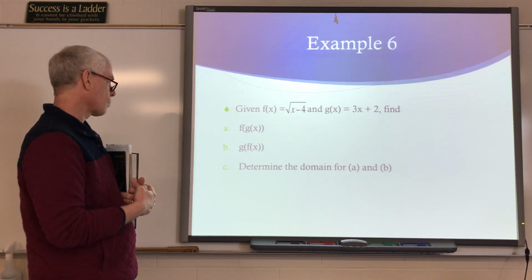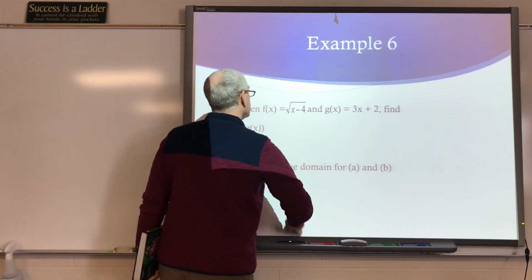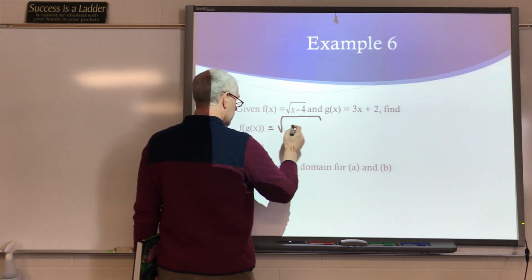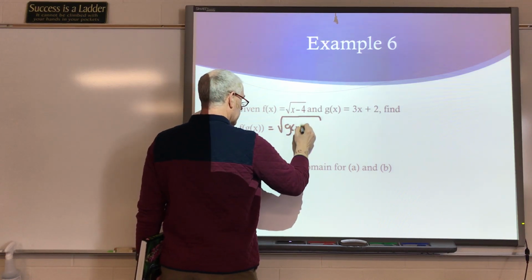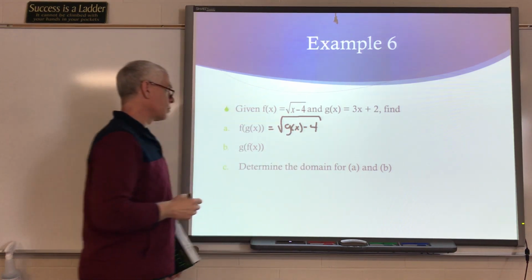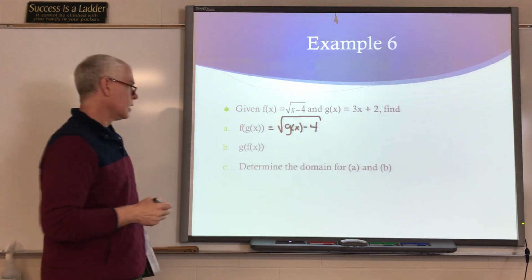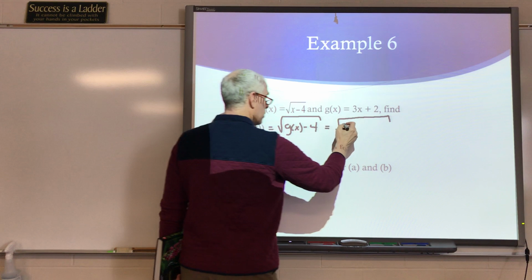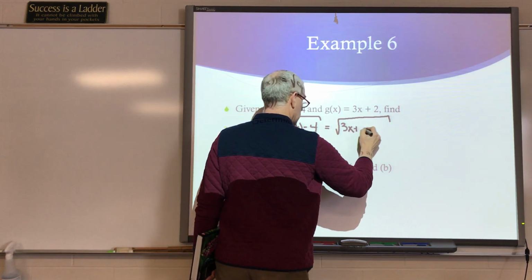So given those functions f of x and g of x, find f of g of x. Okay, so f of g of x basically says, let's take the f function and replace the x with the g function, okay? And of course, instead of g of x, I could write 3x plus 2.